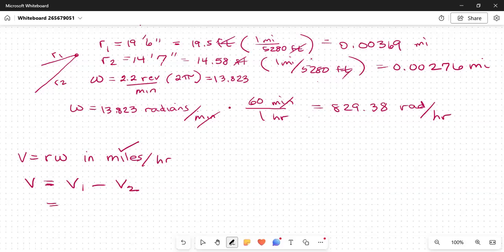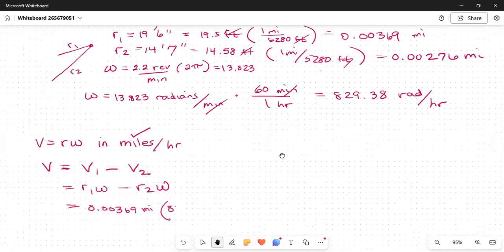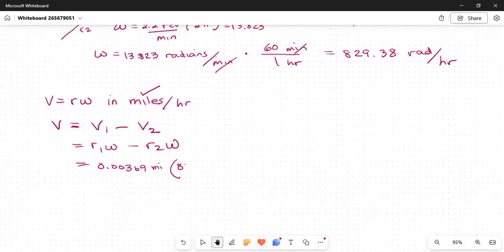V1 is going to be R1 omega, and V2 is going to be R2 omega. We could multiply R1, 0.00369 miles, times omega, but we can factor out the W so that we don't have to write it so many times.